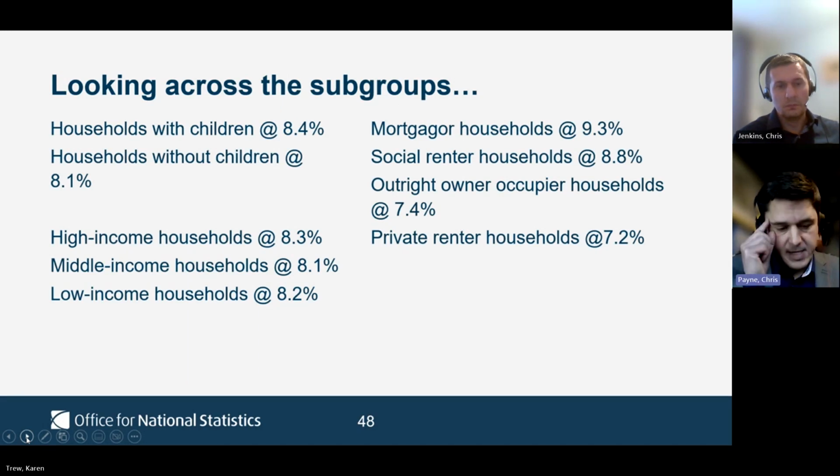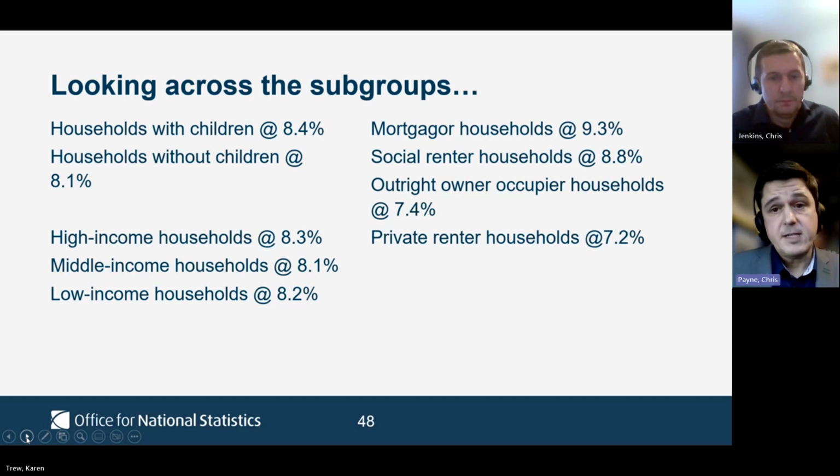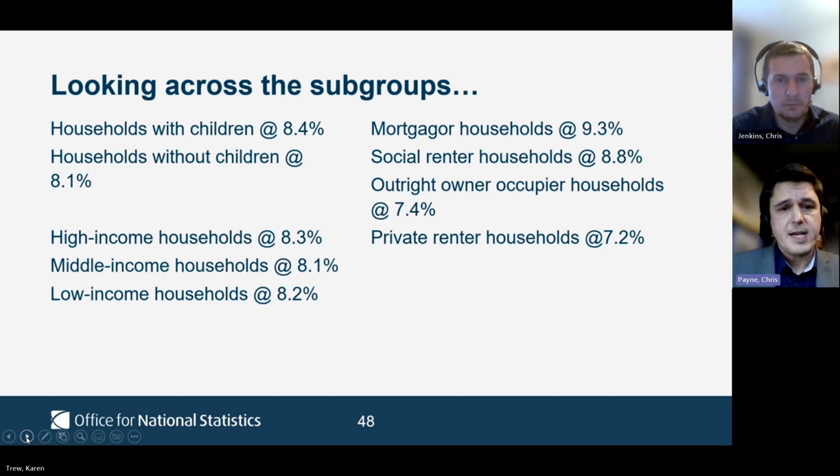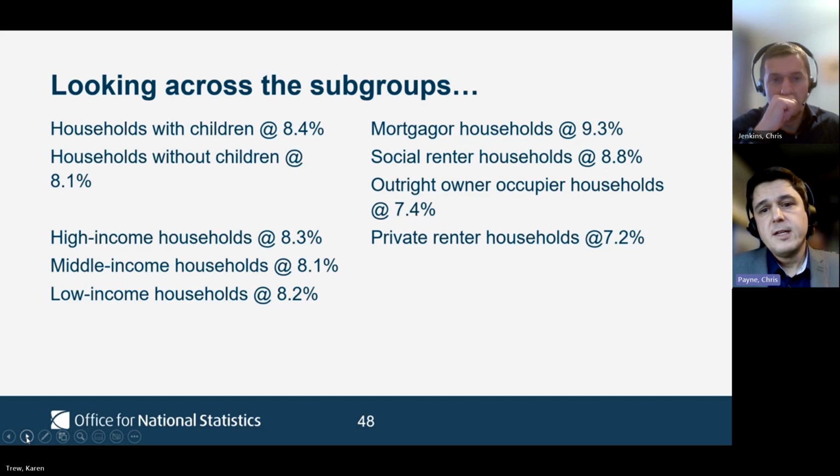So that was a bit of an exploration of how some of the changes that we've seen over the last couple of years have affected inflation rates for retired and non-retired households. But I just wanted to quickly summarize what that looks like across all of the different subgroups that we publish. So we've shown you retired and non-retired households, but there are lots of other subgroups that we produce as well. So households with children and households without children.